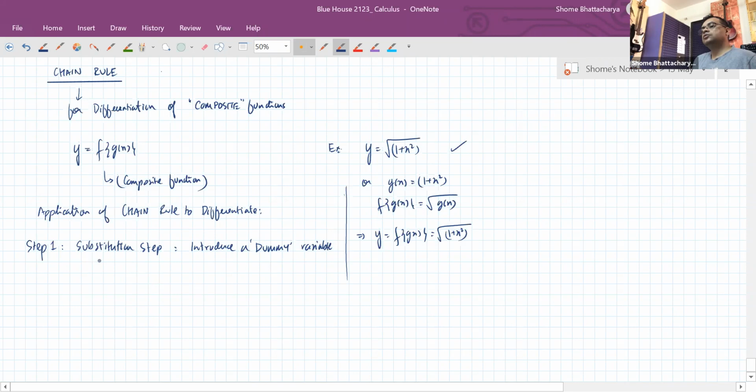Okay. So say let z is g of x. So this is our dummy variable. So y becomes f of z. Okay, just make a quick note down up to this step. Then we'll see the second one, which is the chain rule step to differentiate.